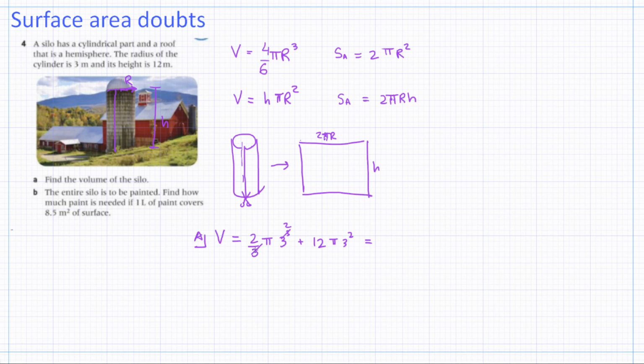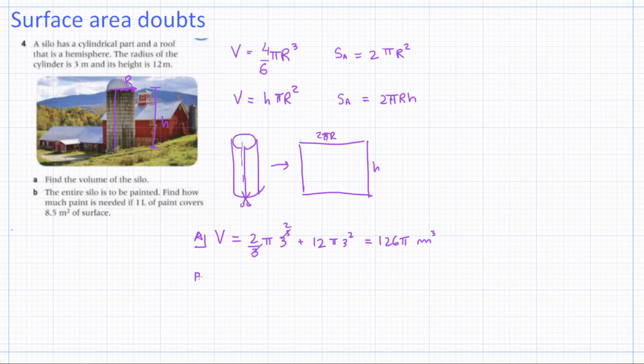So 3 squared plus 12 pi times 9. So we get 126 pi. That's our total volume. You can leave it in terms of pi. This would be cubic meters, since everything is in meters.